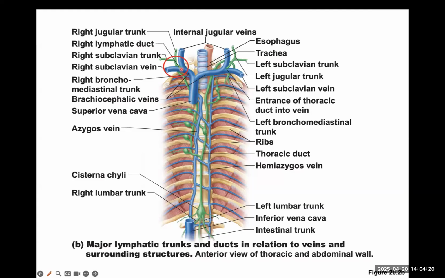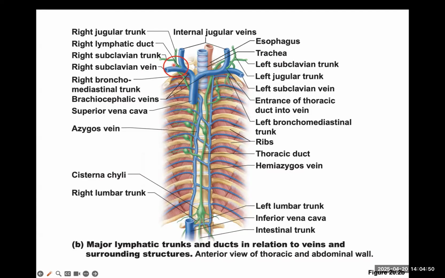That's where the entrance is going to be for the lymph that goes back to the circulatory system. So when you see where the lymphatic duct, or the trunk, is going, it's going to be connected here to the right subclavian trunk, and subclavian means under the clavicle. So lymph from the right side of the head and the right arm is going to join the circulatory system here.